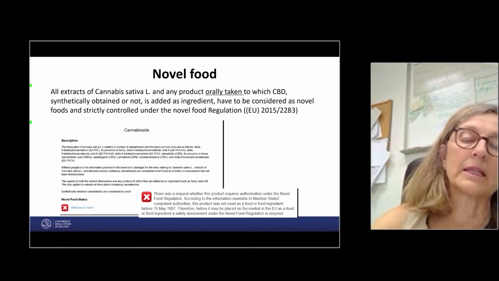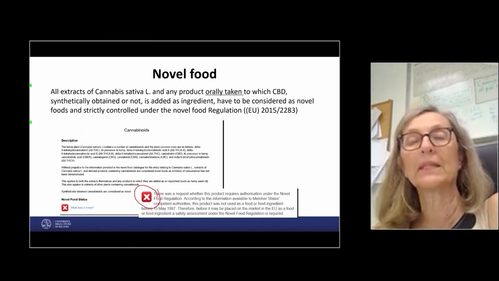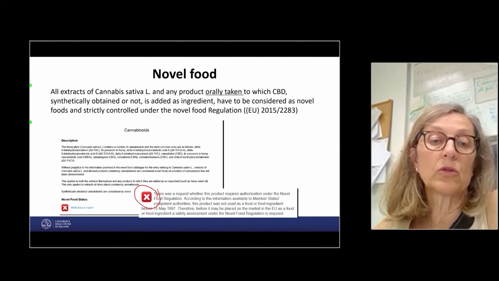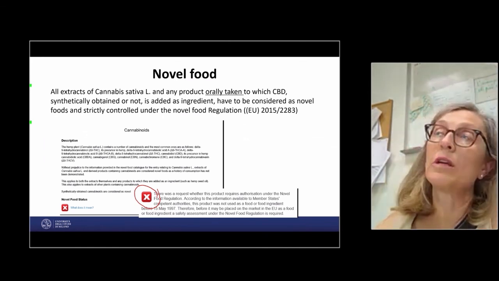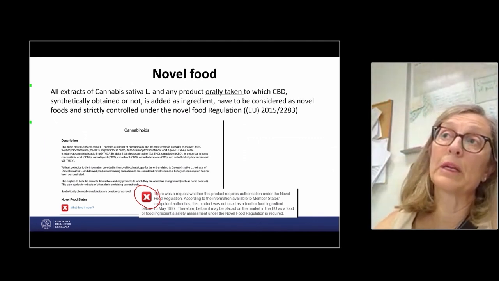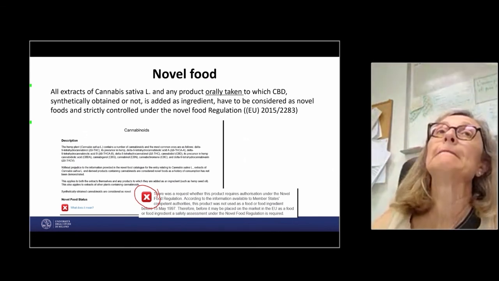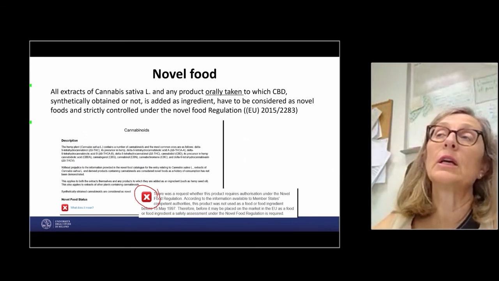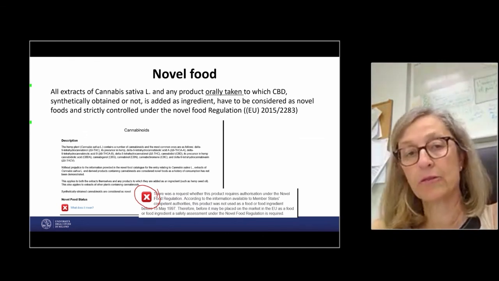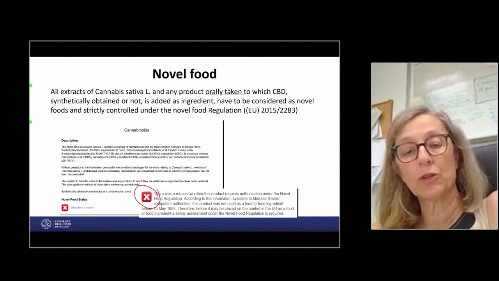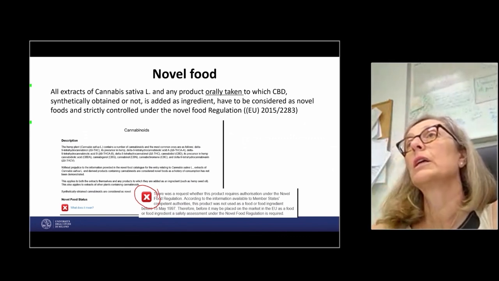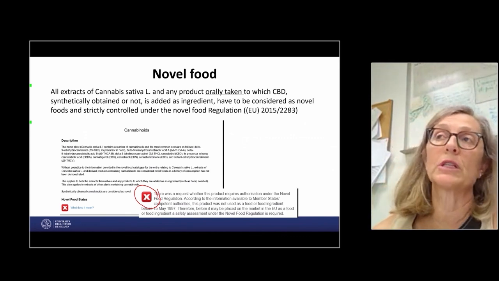That means that it is considered a novel food, but a novel food not approved. It could be approved, of course, but it will be approved only if some industry gives to the authority, that is the European Food Safety Authority, all the data, the dossier, with the demonstration that taken orally, it is safe. At the moment, we don't have enough information on that, and for this reason, in Europe, at the moment, the decision is not to permit.